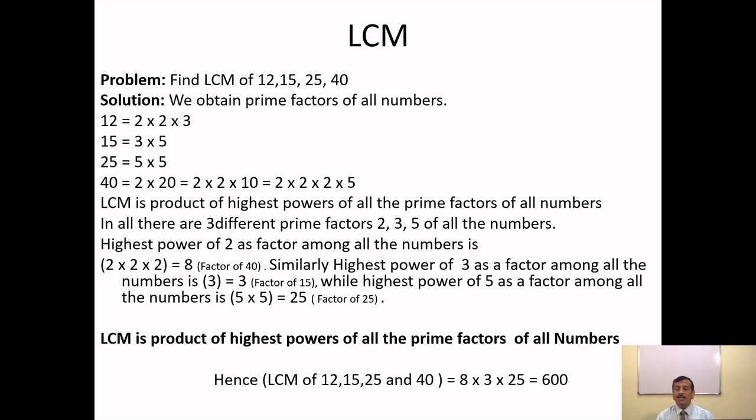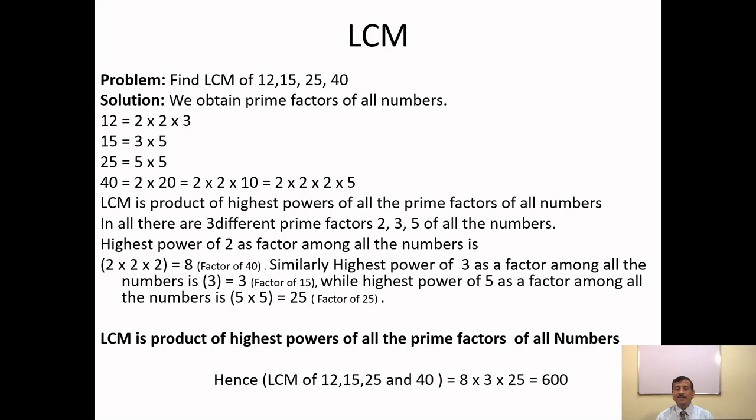Let's look at the highest power of 2. If you consider the factors of 12, the power of 2 is 2 into 2, meaning 2 raised to 2. In 15, there is no 2, so the power of 2 is 0. In 25, there is no 2, the power of 2 is 0. And in 40, it is 2 into 2 into 10, and therefore the power of 2 is 2. So the highest power of 2 among all factors happens to be 2.